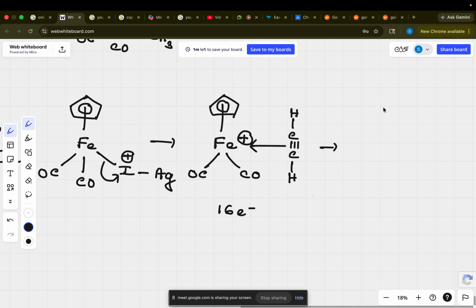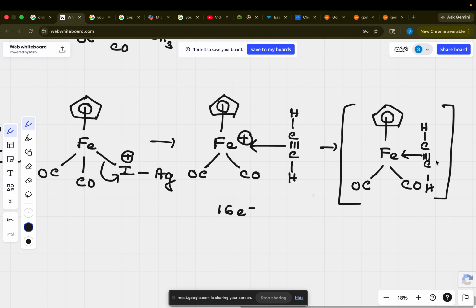I can draw it like this: you have iron, two carbonyls, and on this side acetylene. You can show the whole positive charge outside the bracket. Again you are getting the 18 electron count back. Clear? Yes, sir, clear.